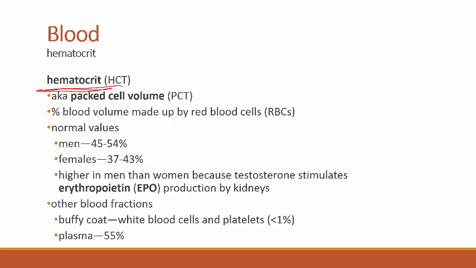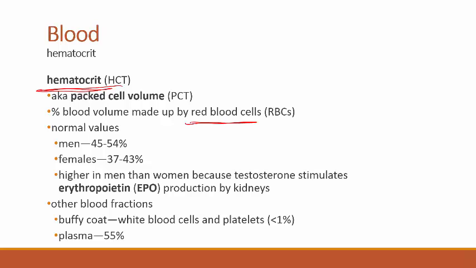And hematocrit tells you the percentage of the volume of blood that's made up by the red blood cells, by the erythrocytes. And normally, men have between 45 and 54 or so percent red blood cells. So the hematocrit is 45 to 54.